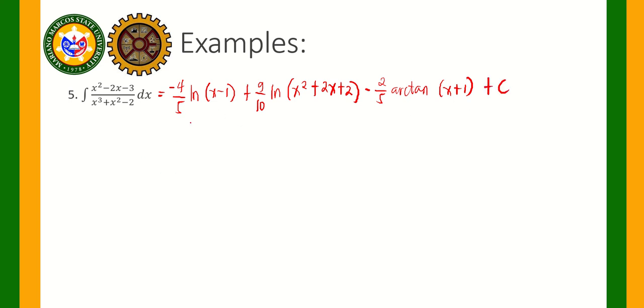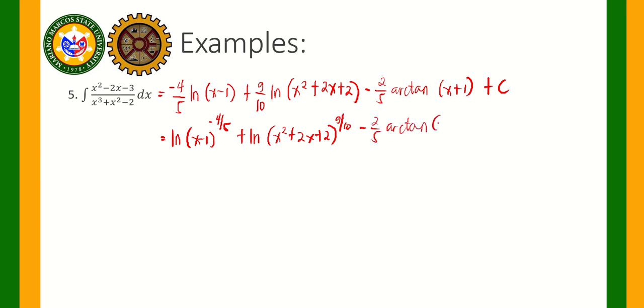Now let's simplify. This will be equal to ln of x minus 1 raised to negative 4 over 5, plus ln of x squared plus 2x plus 2 raised to 9 over 10, minus 2 over 5 arctan of x plus 1 plus c.